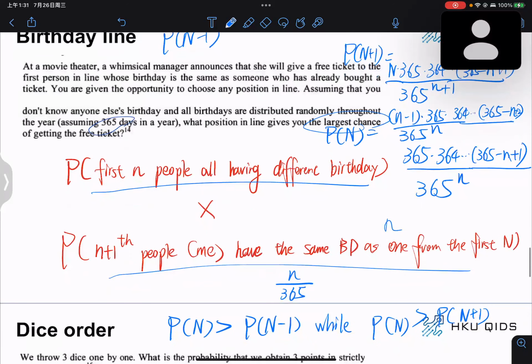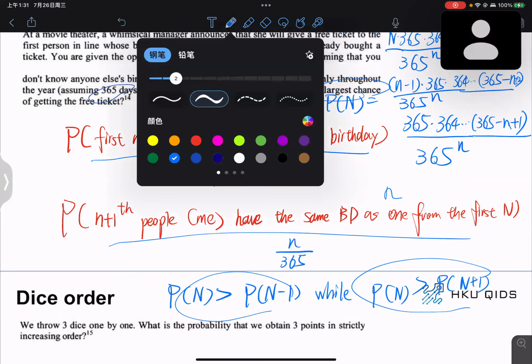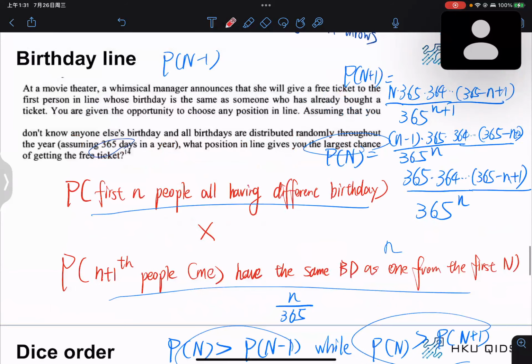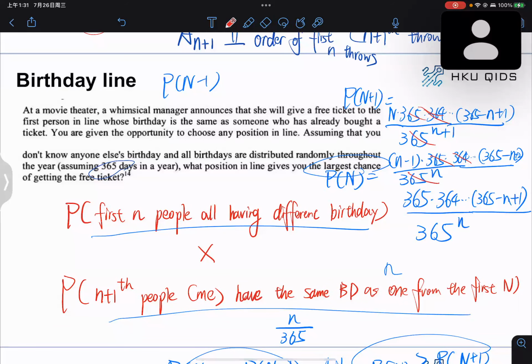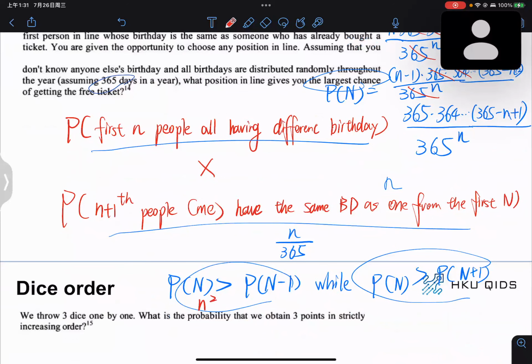By solving these two inequalities, dividing the similar parts and canceling them out, for the first one we get n squared minus n minus 365 larger than 0, and for the other, n squared minus 3n minus 363 smaller than 0.